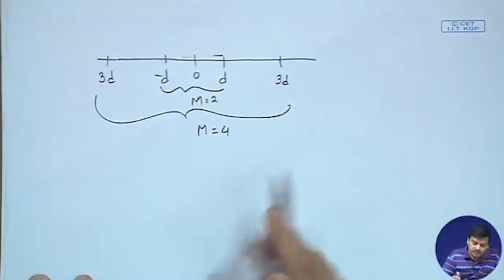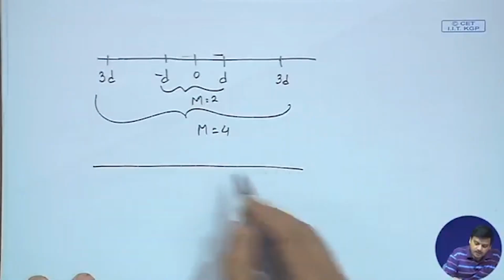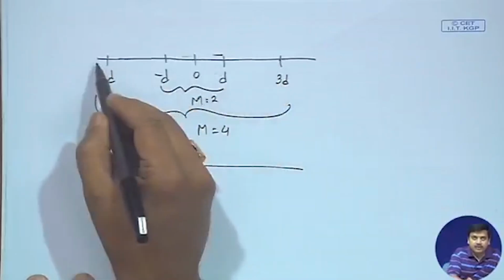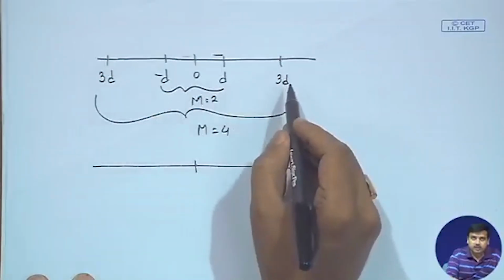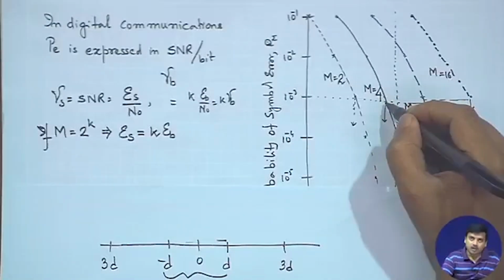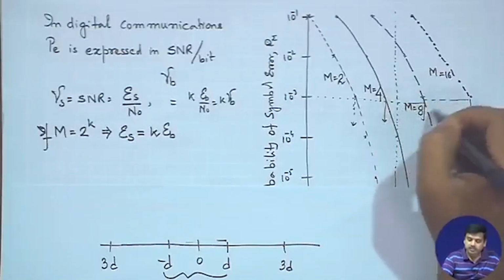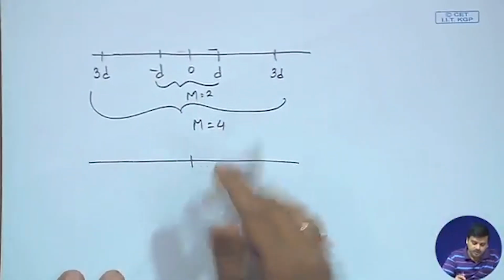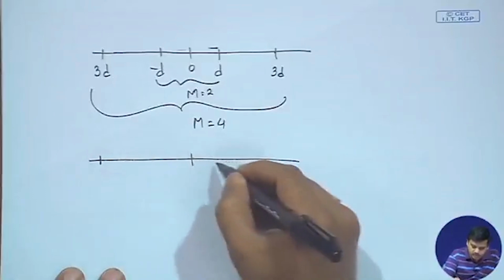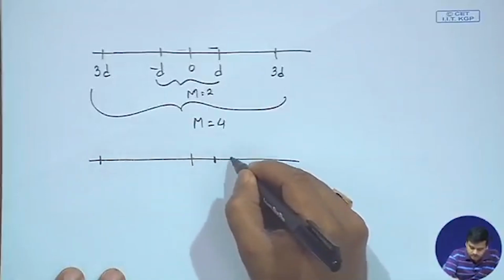The other view is, if I want to keep the same average energy. So, let us take M equals 4, I want to keep the same average energy. However, I want to use M equals 8. So, if you want to use M equals 8, in that case we have to accommodate more constellation points.